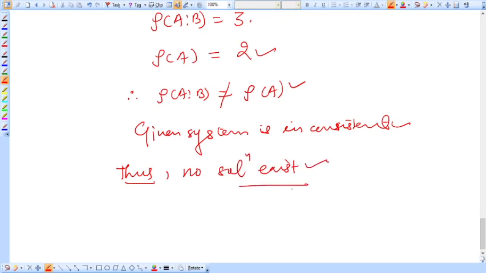So this is how we solve 3 equations containing 3 unknowns. So this is how we check consistency. So now we are going to take a few more examples, and we see how to solve them, right?